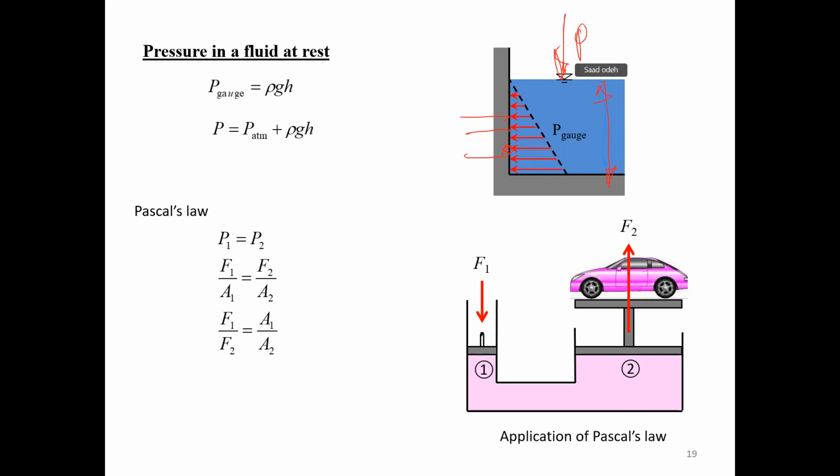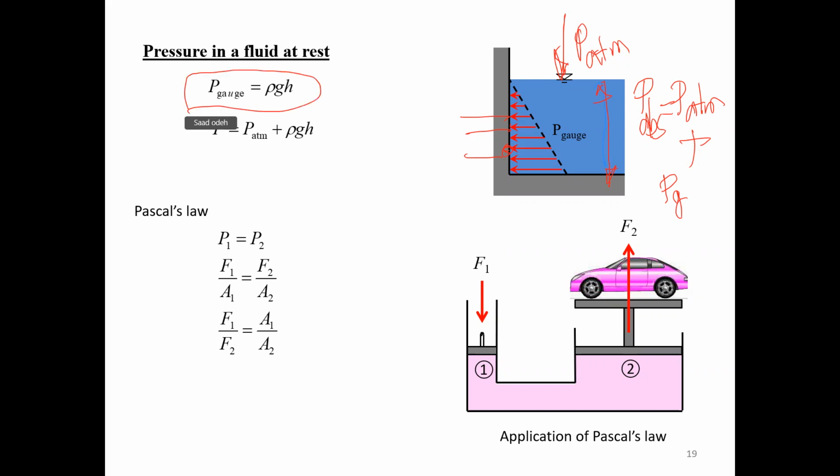This is P atmosphere. So when I want to find P absolute for this case, I can say P atmosphere exerting on the surface of the water, for example, plus the P gauge. And the P gauge here is the depth of the water multiplied by the density multiplied by the gravity, rho g h.